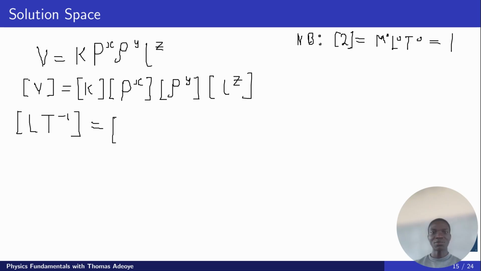The dimension of this is stress, and stress is force per unit area. For force, the unit is kilogram meter per second squared, over meter squared. So that should be kilogram.